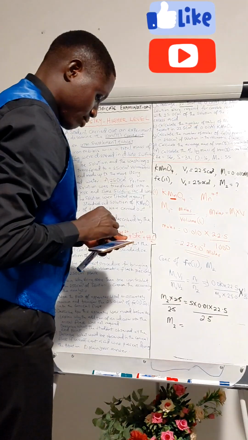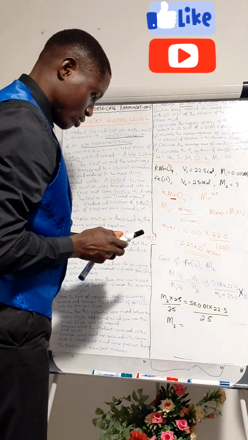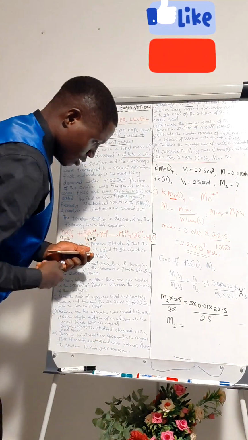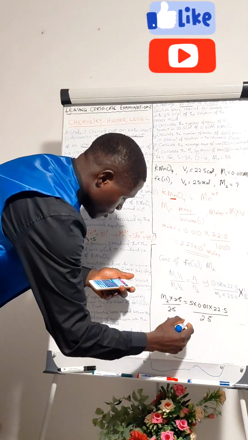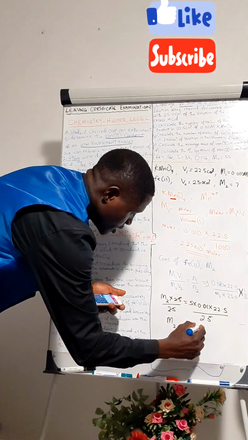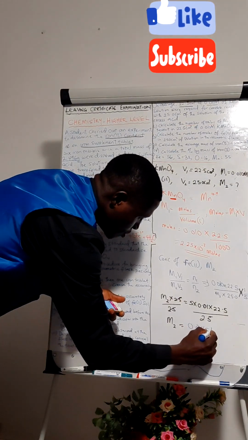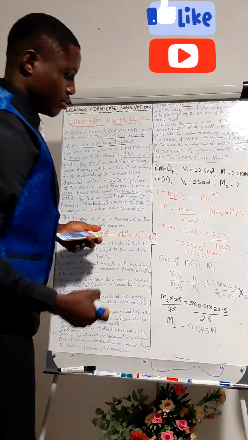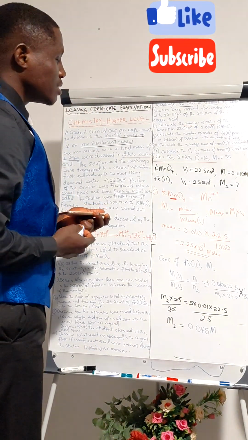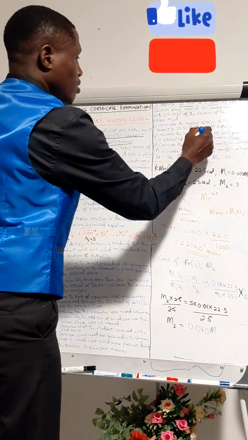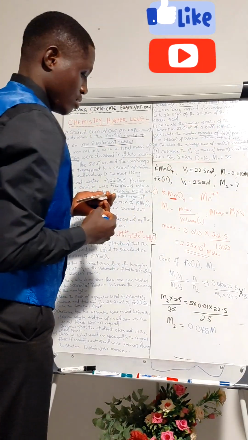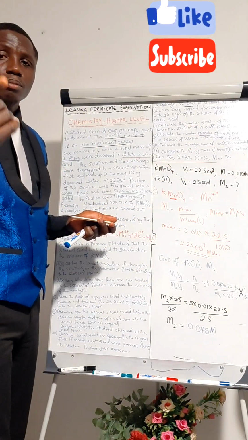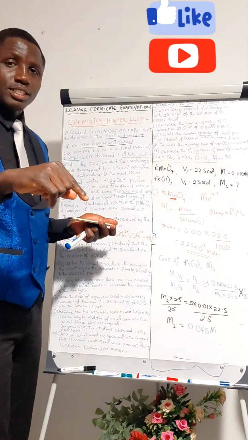In calculations, the molarity of iron 2 is 0.045 molarity. So that is the molarity for M2. Don't forget, we are looking for the number of moles of iron 2, not the molarity, but we need the molarity to get the number of moles.